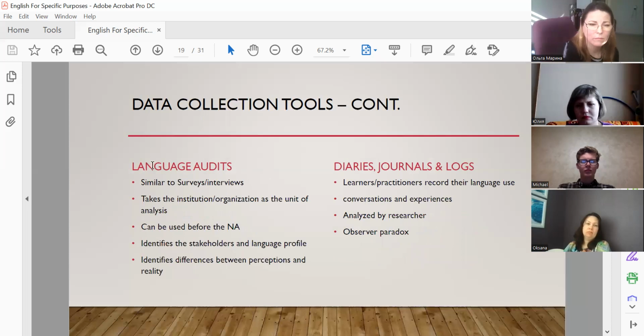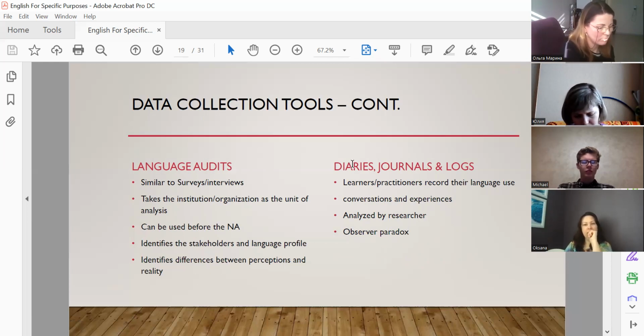We can have language audits, diaries, journals, and logs. Similar to surveys and interviews, it takes the institution, organization as the unit of analysis. Can be used before the needs analysis.